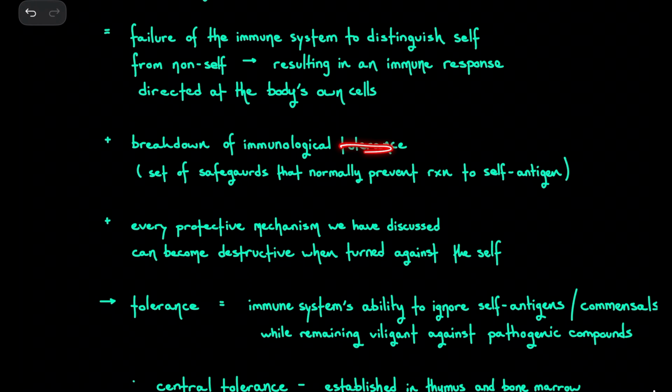So the tolerance is a set of safeguards that normally prevents reaction to any self-antigens. Okay, so I tolerate the cells of my gut. I tolerate the cells of my musculoskeletal system. If for whatever reason the immune system deems those cells to be problematic, well then I stage an immune response against them, and we have a whole litany of conditions associated with that.